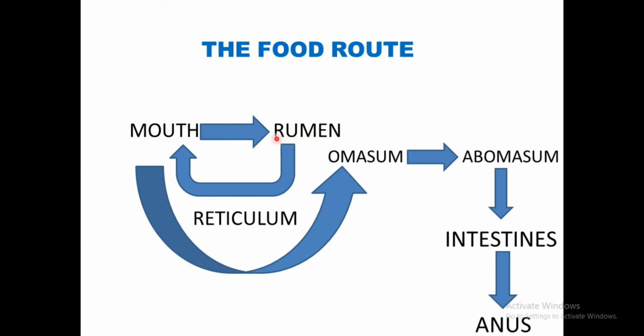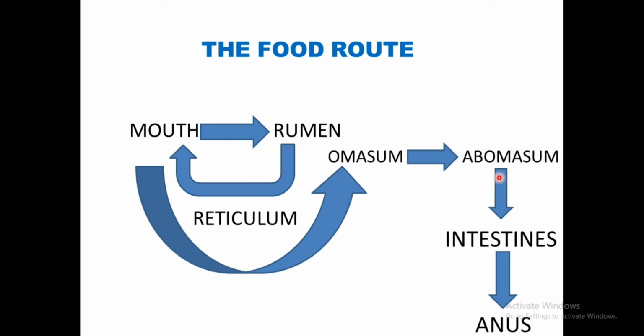From the rumen, whenever it gets time, leisurely, it brings it back to the mouth through the reticulum, and after chewing it well, the reticulum opens into the chamber called omasum, from where the digested food gets into the abomasum.